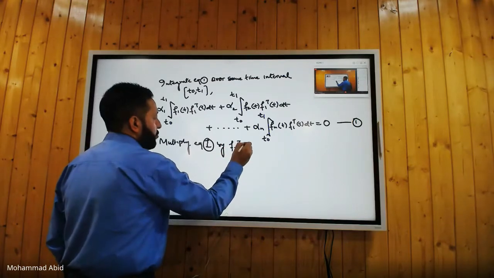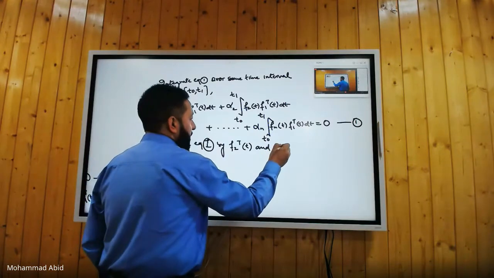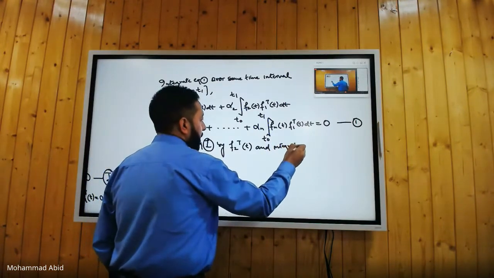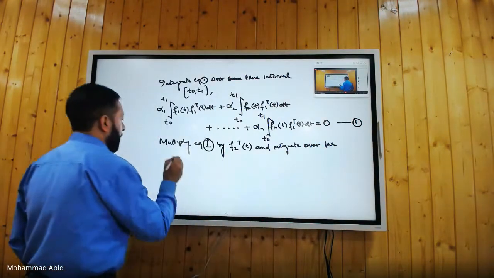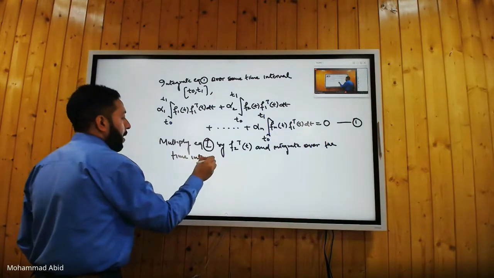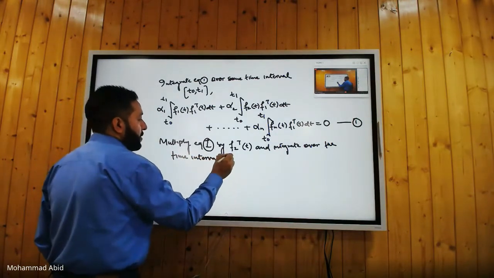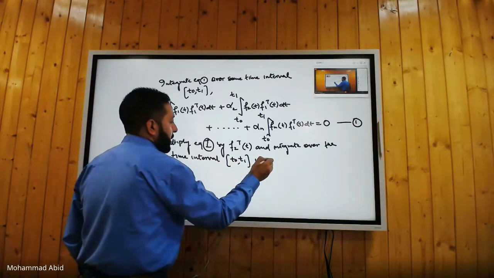Multiply equation 1 by F2 transpose(t) and integrate over the time interval t0 to t1. So what do we get?